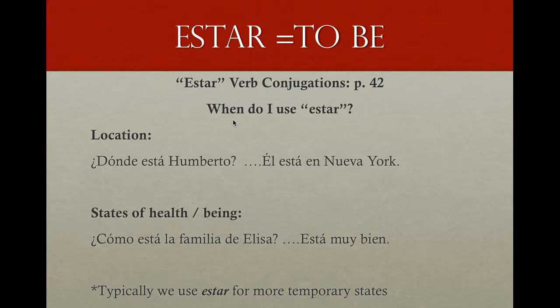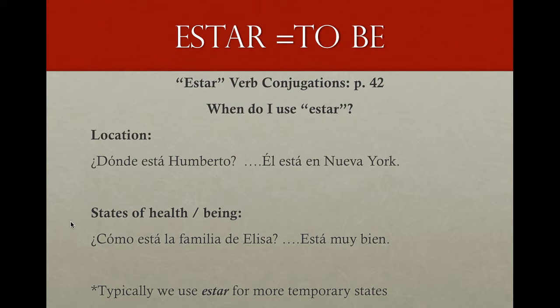Remember that we have two verbs that we use that are equivalent to be in English, and that is going to be estar and ser. So let's look at when do I use estar. First of all, location. ¿Dónde está Humberto? Él está en Nueva York.